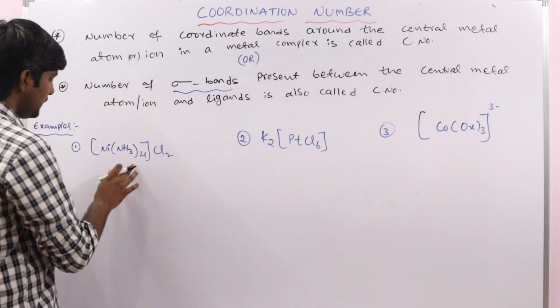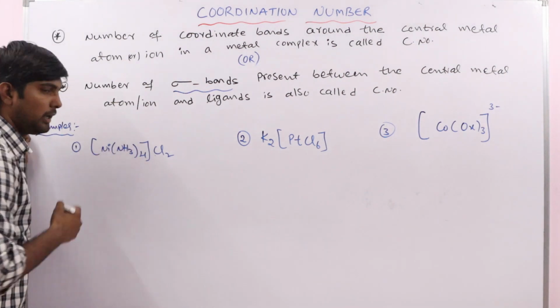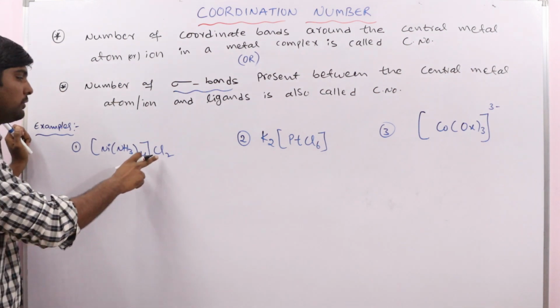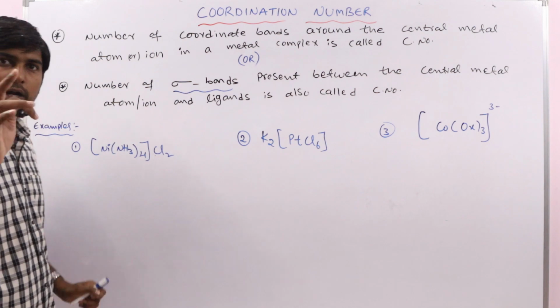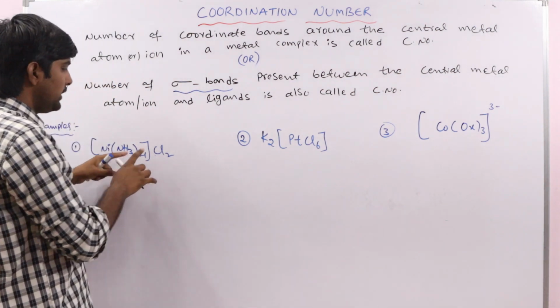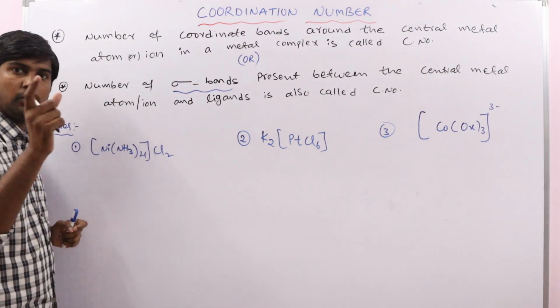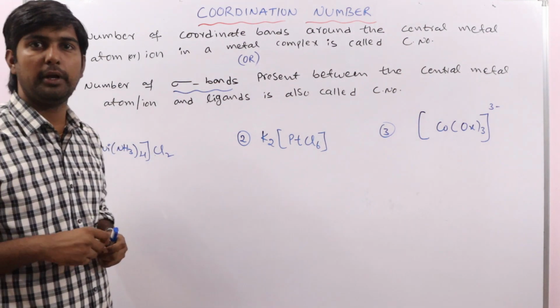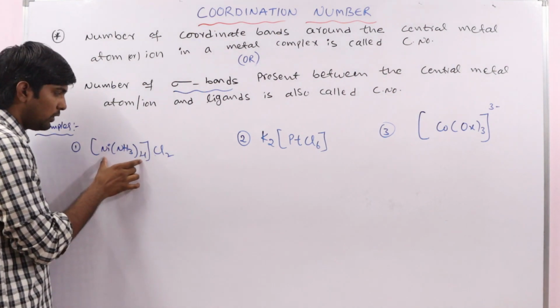If you see this complex, 4 amine ligands are present and this chloride is present outside the coordination sphere. Already we discussed it. The species which are present within the coordination sphere are the ones directly bonded to the central metal atom. In this square bracket we write the coordination sphere.